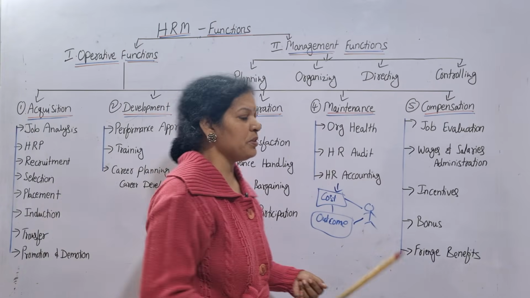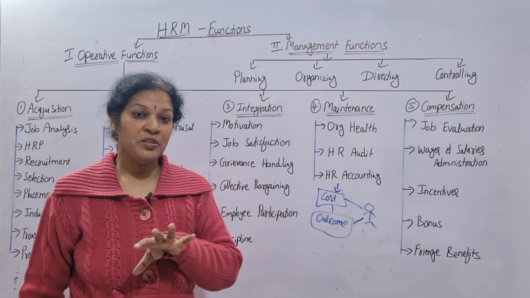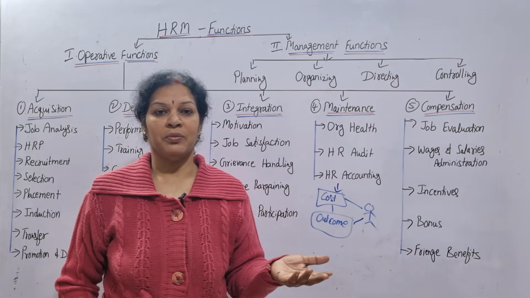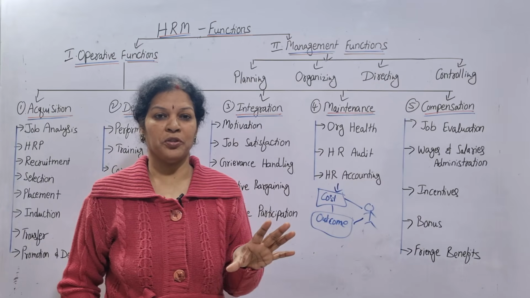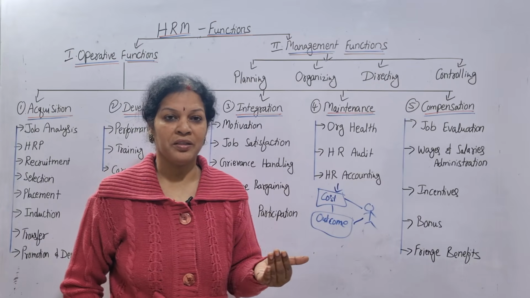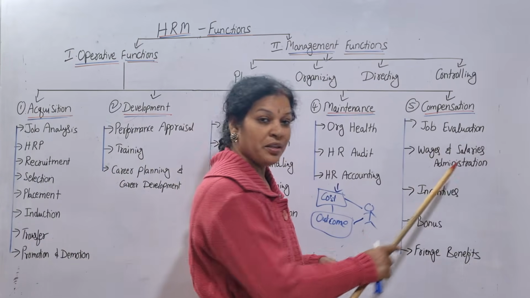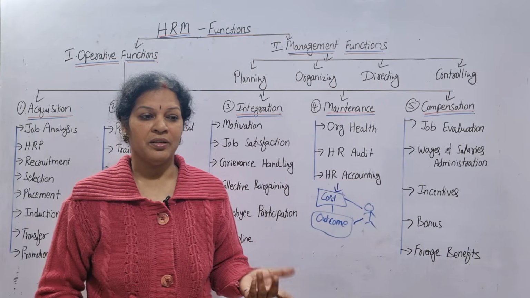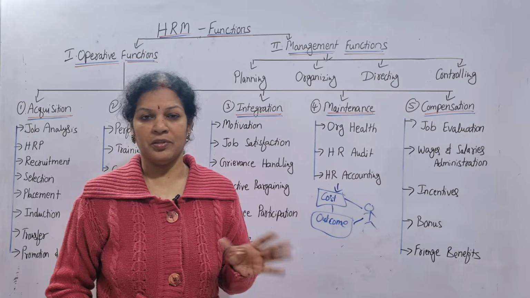And the last one is compensation. Under compensation, a few points you must discuss. One is job evaluation: the nature of the job, and how they are doing it. And wages and salaries administration: how they are paid, what the system is.